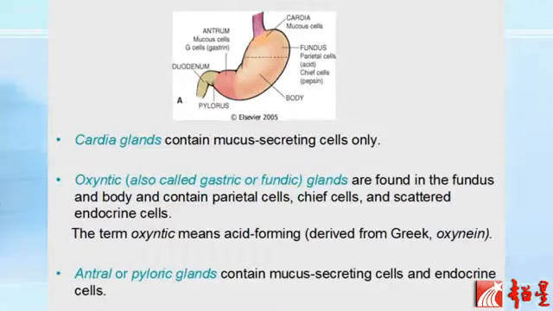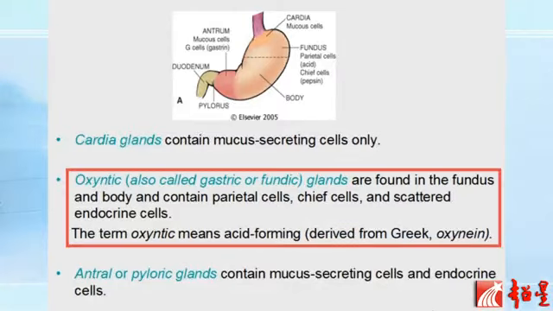And this picture shows us the normal anatomy of stomach. Different areas have the different glands and the different function. For example, here, the cardia area, cardia glands, they produce the mucin. And for this fundus area, they will produce this acid, gastric acid.